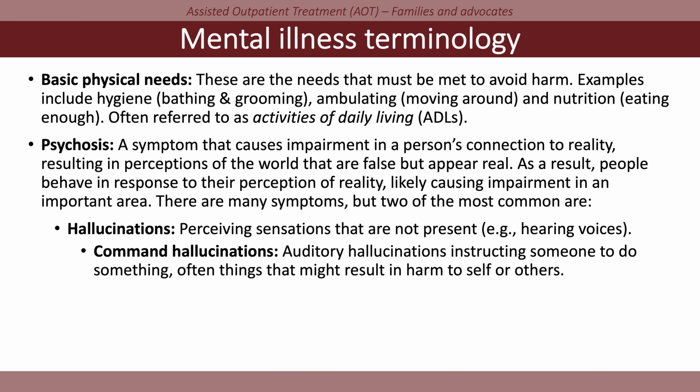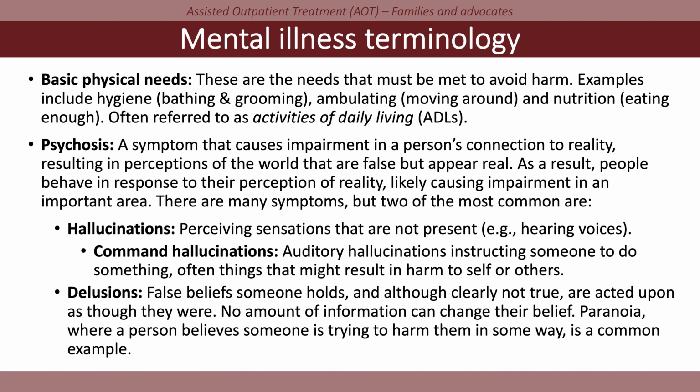One of the other more common symptoms is delusions. And these are false beliefs that someone holds. And although they're clearly not true, they're acted upon as though they were. There's no amount of information that can change their belief. Now, we distinguish delusions from somebody who holds an unpopular belief or might believe in a conspiracy theory.